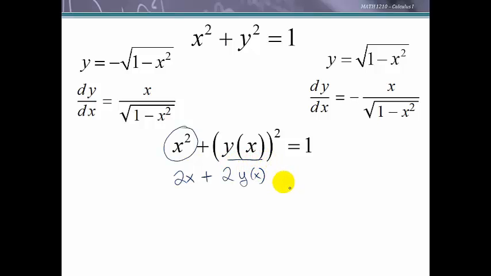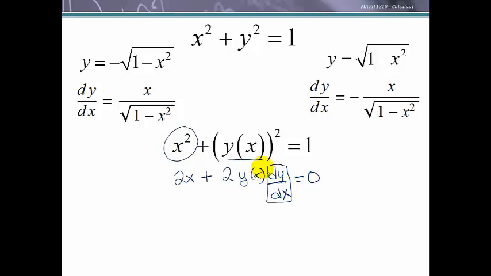Well, what is the derivative of y of x? It's just dy/dx, and then the derivative of 1 is 0. So now I actually have an equation that involves this derivative that I wanted to find, but it's not explicitly solved for dy/dx, but I could easily do that.